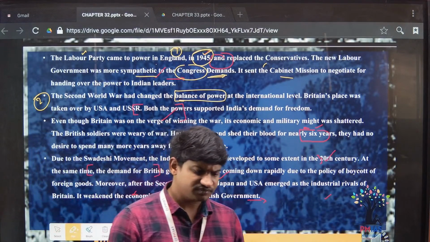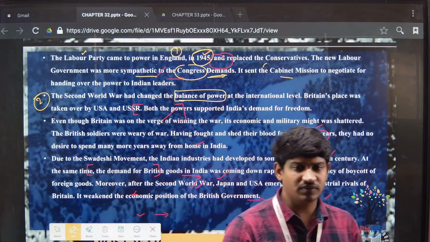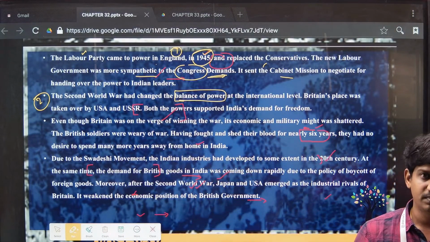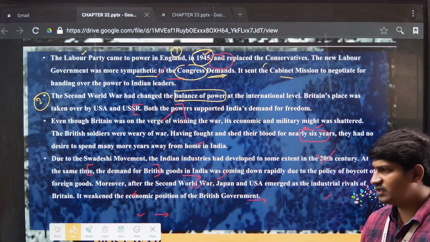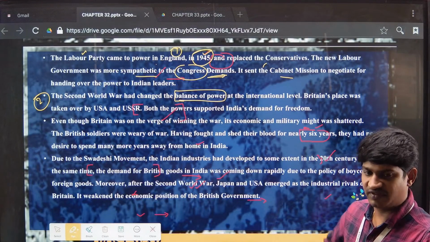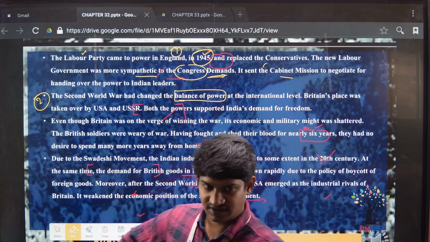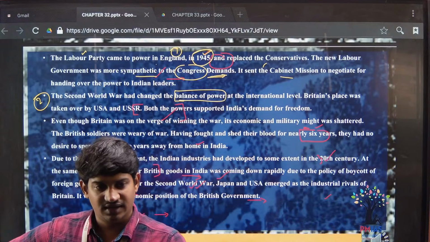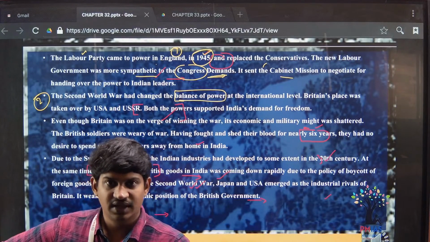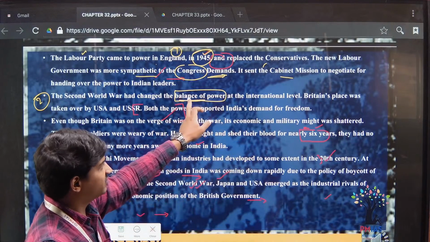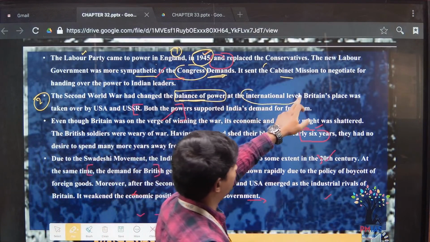But now, after the Cold War era, what we are seeing at present is a multipolar world. In case the war in the western countries continues and any country joins in, we can definitely face World War 3. So the balance of power changed at the international level.